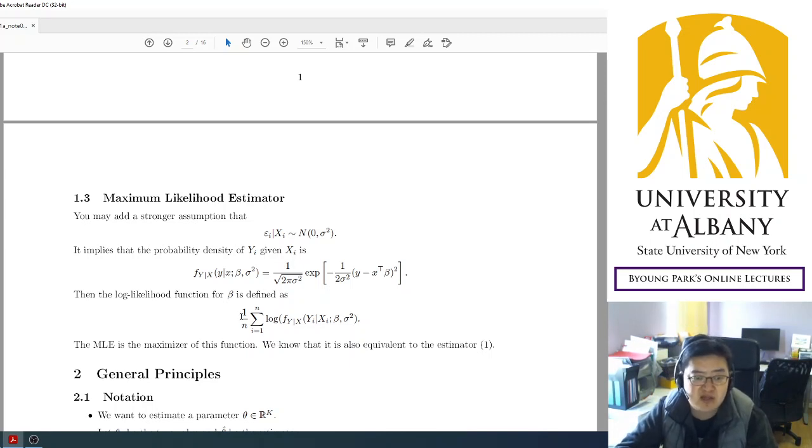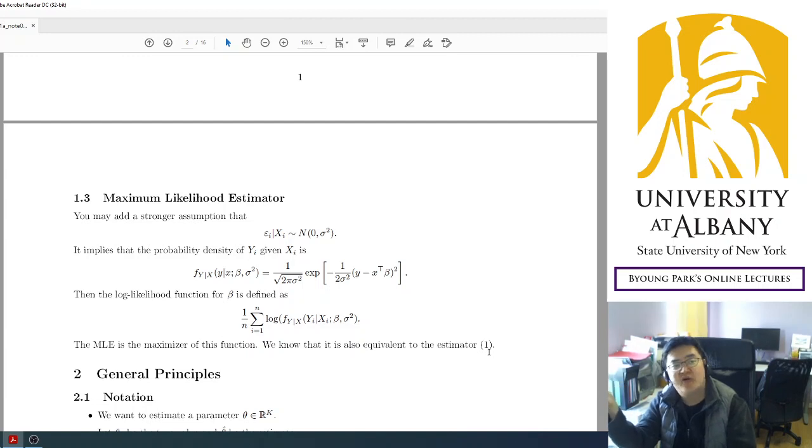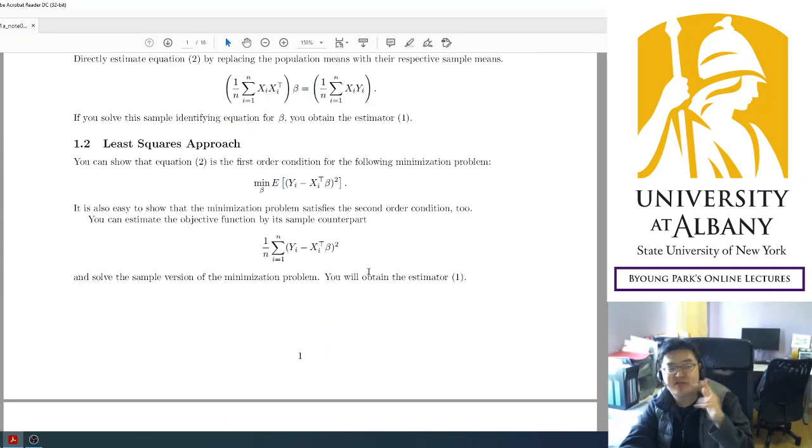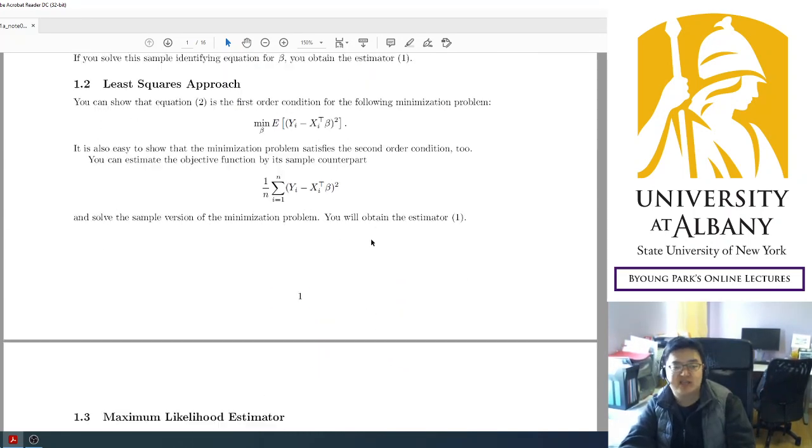Then you are going to get the same OLS estimator. In general, the MLE estimator can be different from the least squares estimator, but in this case, they happen to be the same because the model is so simple. Everything is nice. Okay, so you have seen 3 different approaches to motivate the OLS estimator.